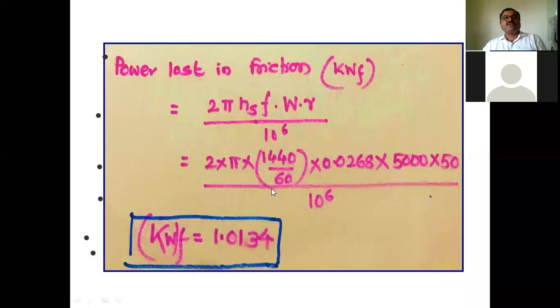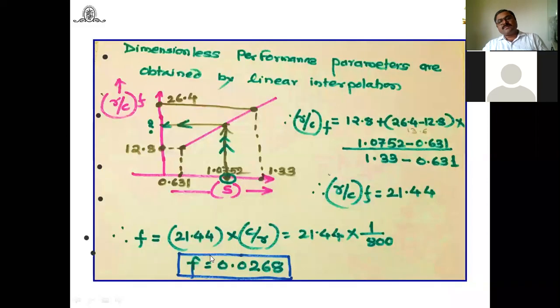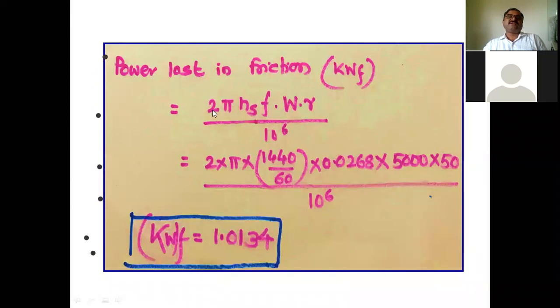Let us find out the Q. Now here, once you have the coefficient of friction, it's very easy to find out the power lost in friction, which depends on the CFP variable. Power lost in friction, that is in kilowatt, is 2 pi N S C F into W R upon 10 raised to 6. So you can substitute all the values. W is given, R we have calculated, 100, that means 50 mm.